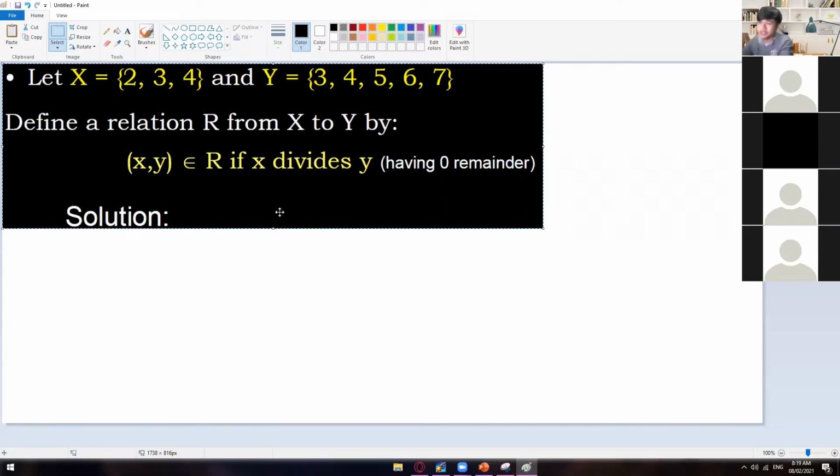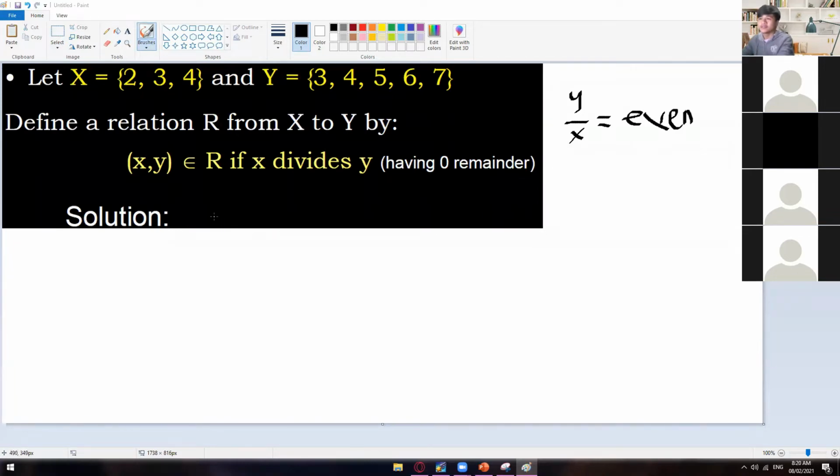Let's see what possible relations we can come up with using this condition. Again, we have y divided by x, and it should have a remainder of 0, meaning the division is even, because if it's even, then we don't have a remainder.